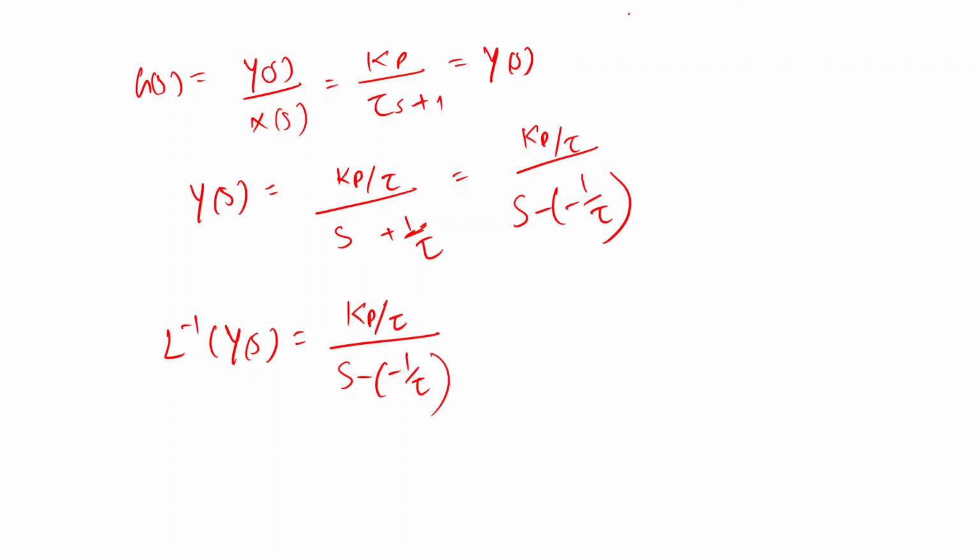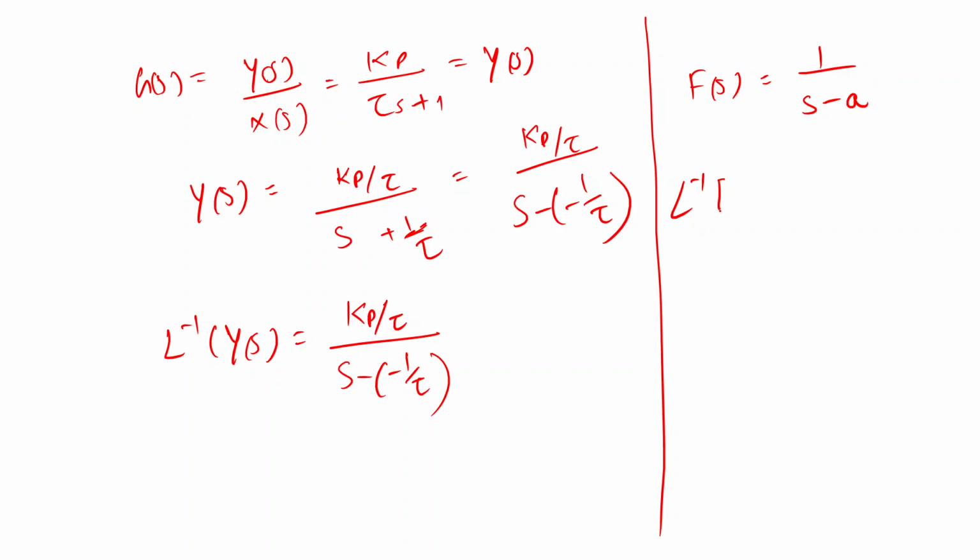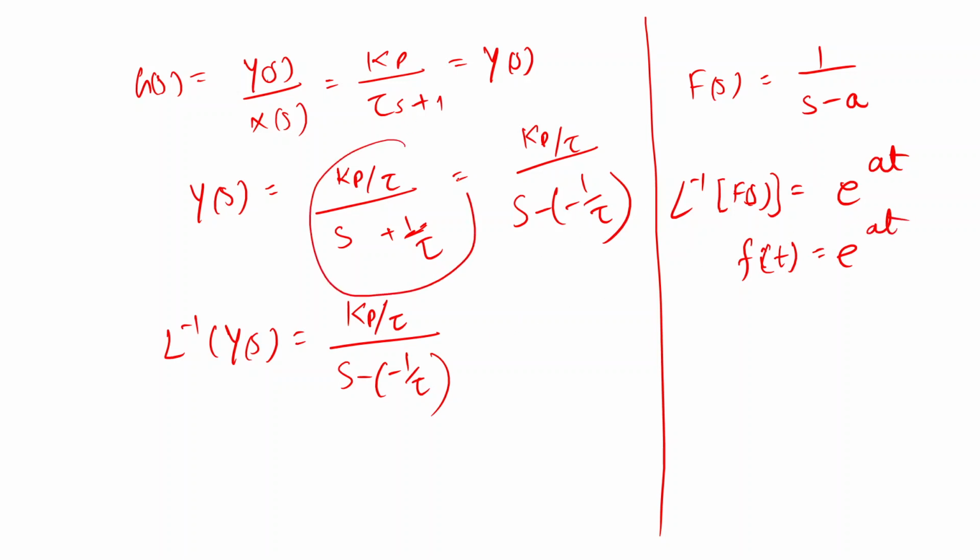We know that if the function in terms of s is given as 1 upon s minus a, then L inverse of F of s is e raised to at, that is basically f of t is equal to e raised to at. So that is why we change this equation into the form 1 upon s minus a, so that we can straight away use and replace these values.